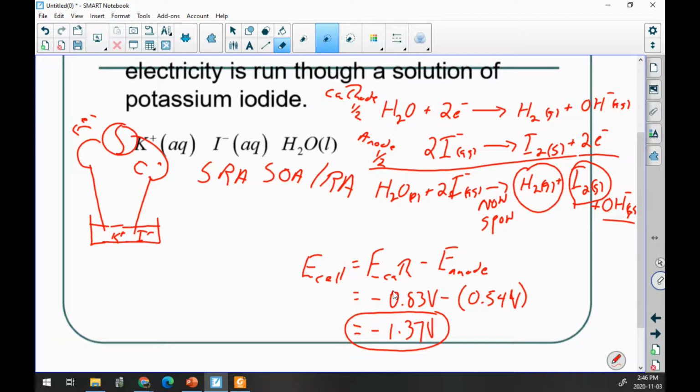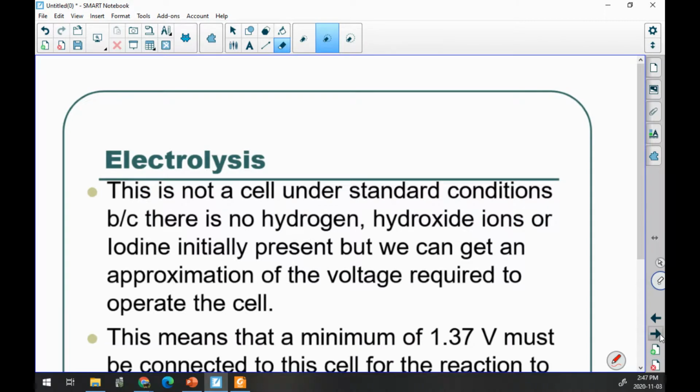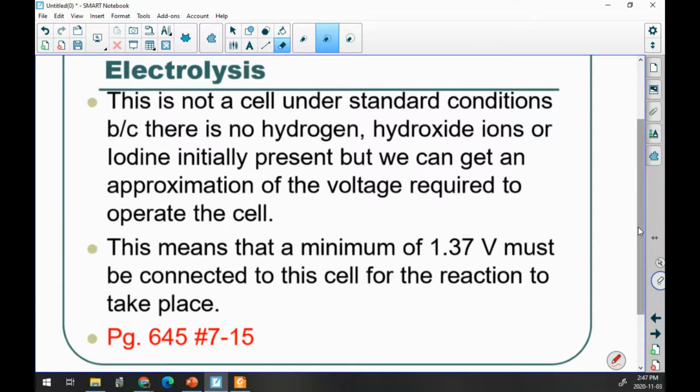So when I ask you for the minimum cell potential, I'm asking you for the negative version of this. Does that make sense to you? Now this isn't under standard conditions, but it gives us an approximation. We must add a minimum of the 1.37 volts across to get that to work.